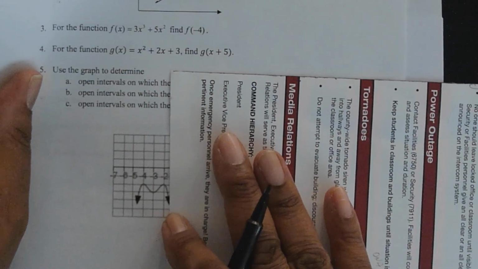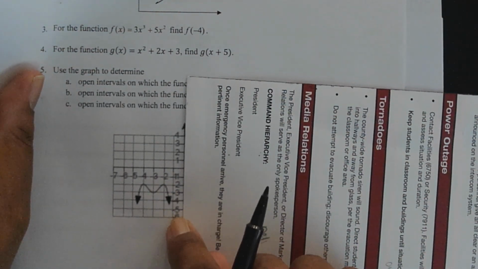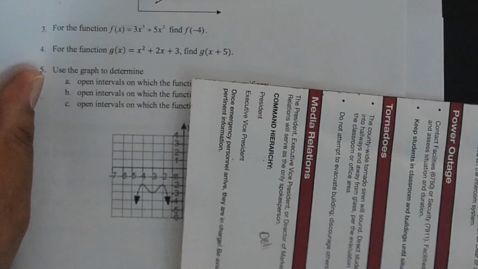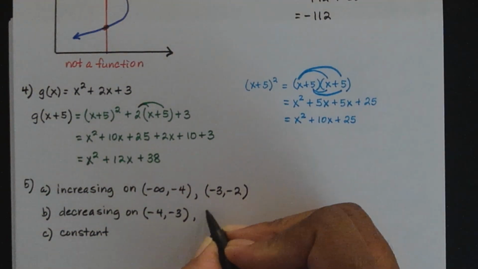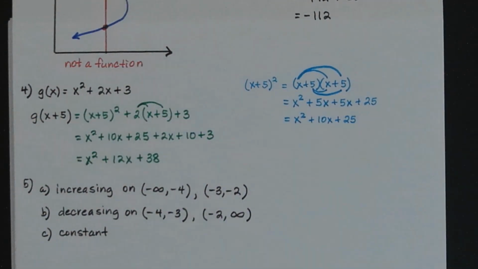And then finally, after -2, you can see it starts to decrease continuously from -2 on to infinity, because that arrow shows that this goes on forever. So from -2 to infinity is where the graph is decreasing.